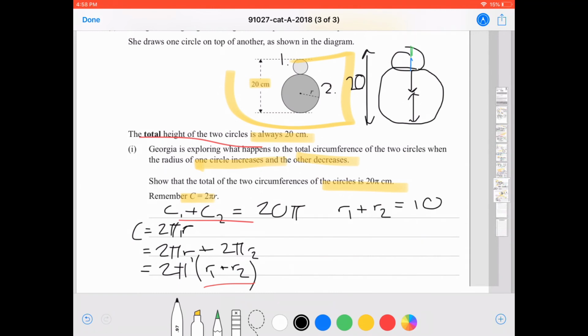It's half, because the total height is the 2 diameters, which is 4r. Okay, radius is half of the diameter. 4r equals 20, or rather we could say 2r1 plus 2r2 equals 20. Okay, this is the idea. r1 plus r2 equals 10.